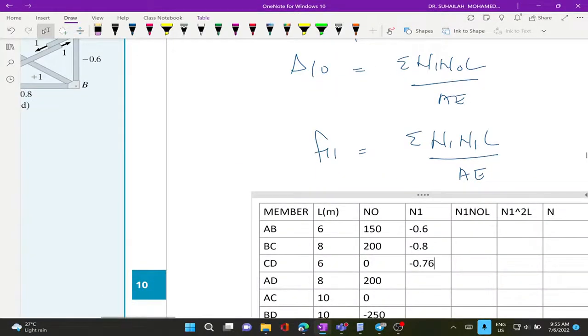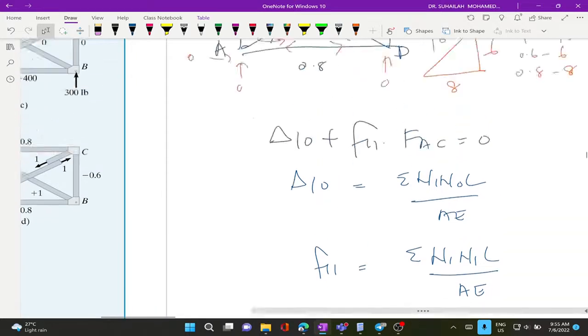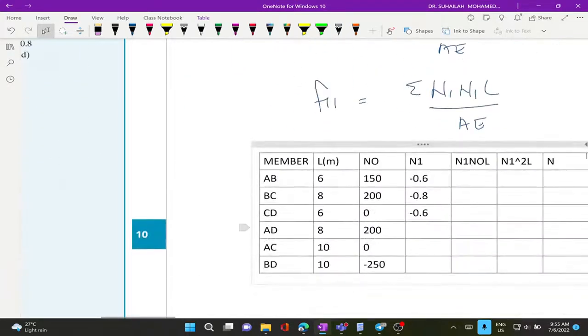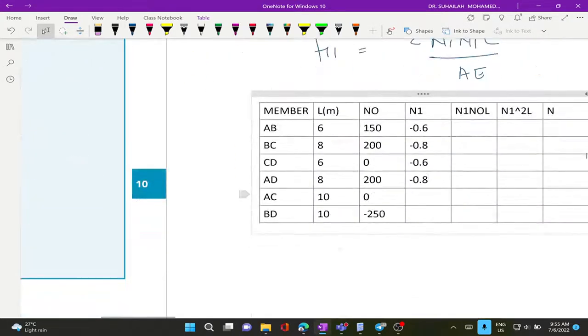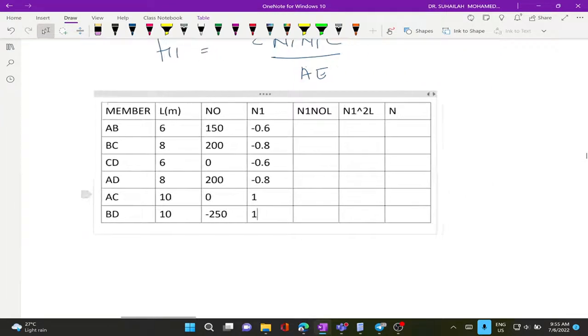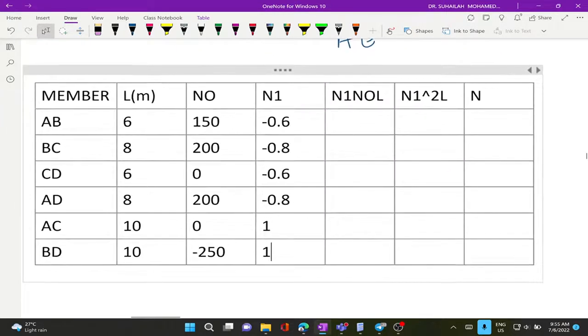AD is negative 0.8. AC is positive 1. BD is positive 1. Okay, so we solve this.